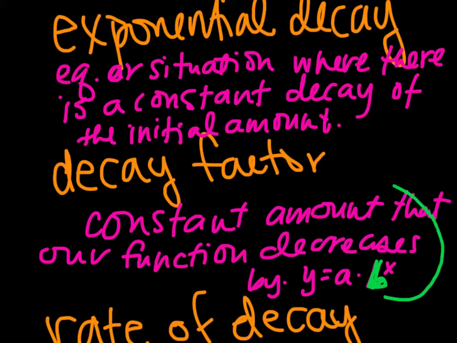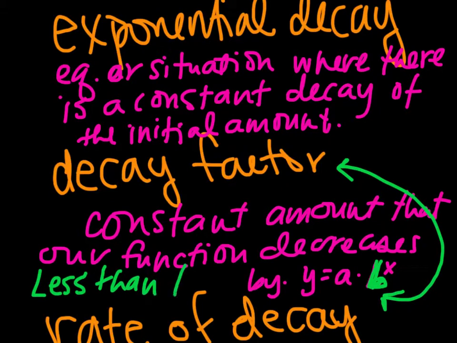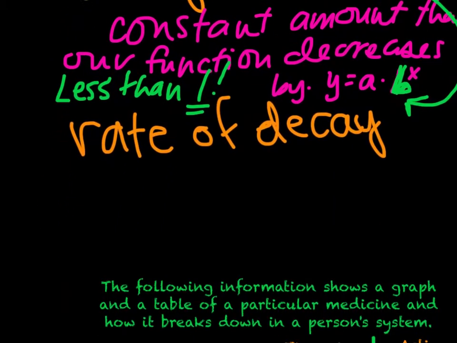So this b is our decay factor. One thing we need to know is it's always going to be less than 1. It could be 0.9, it could be 0.011. It could be tiny. It could be pretty close to 1, but it's less than 1 no matter what.